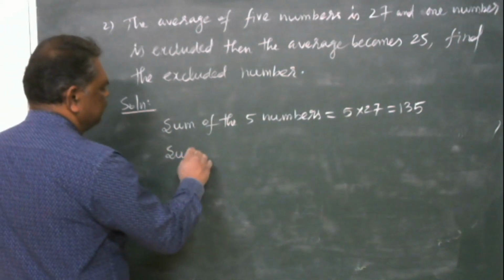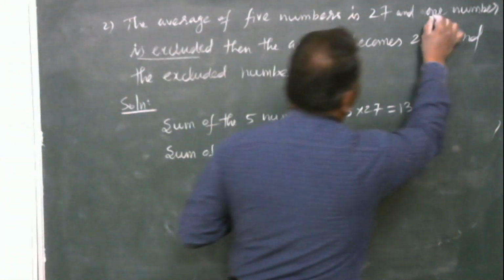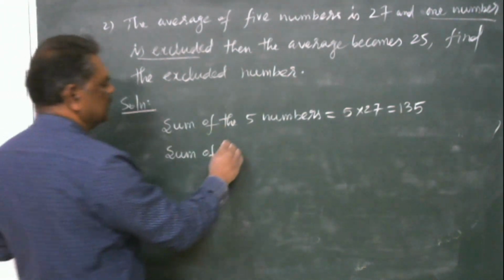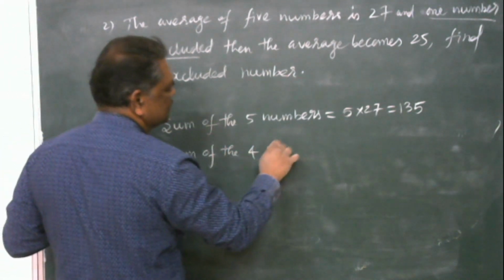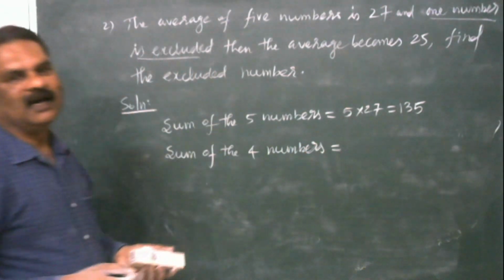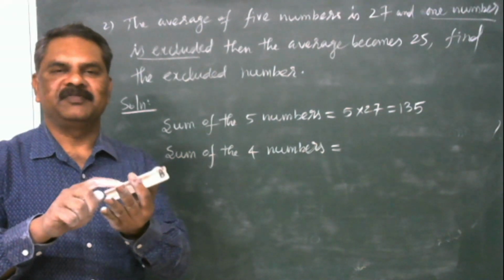Next, here one number is excluded. So how many numbers will be remaining? Only 4 numbers. So the sum of the 4 numbers is equal to, as I told you already, the average is 25, meaning each number is 25, 25, 25, 25.